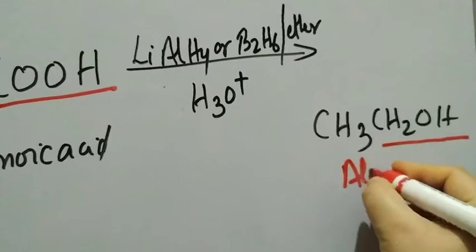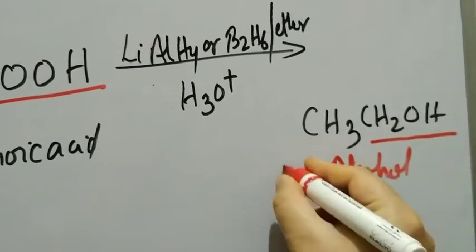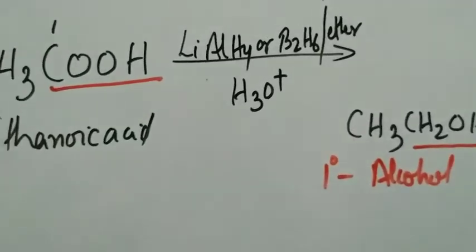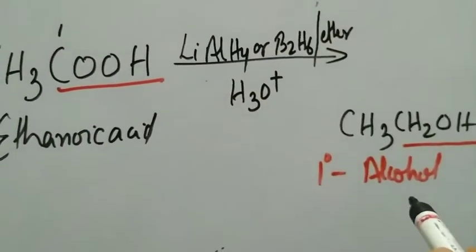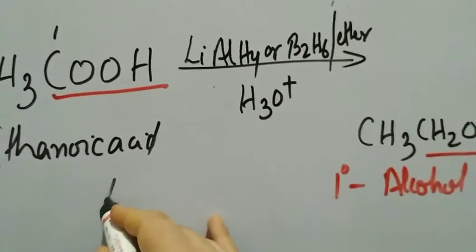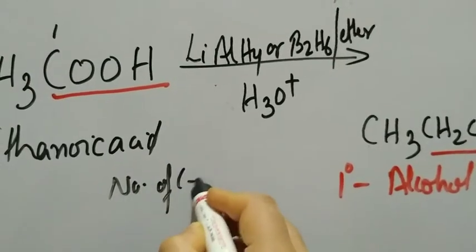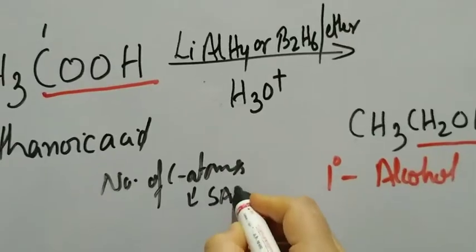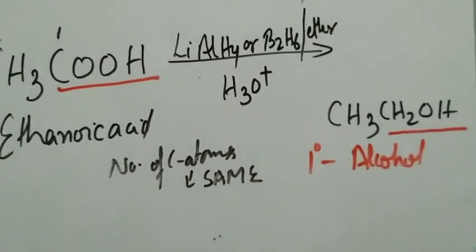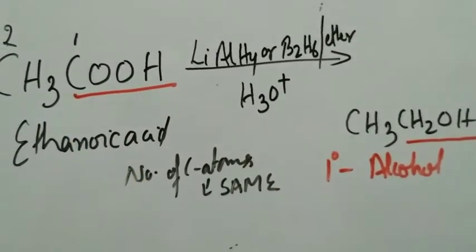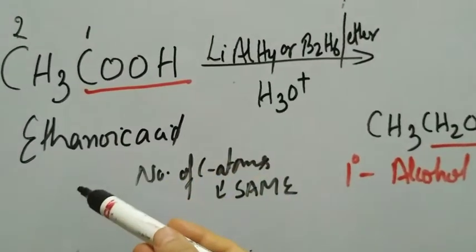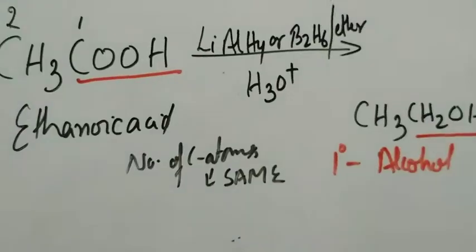We get an alcohol here, and as you must have noticed, it is a primary alcohol. When you carry out the reduction of a carboxylic acid, you get a primary alcohol. And the number of carbon atoms, a very important observation, remains the same. As many carbon atoms as you start with, the product will have the same number. You started with ethanoic acid, you have ethanol, right?